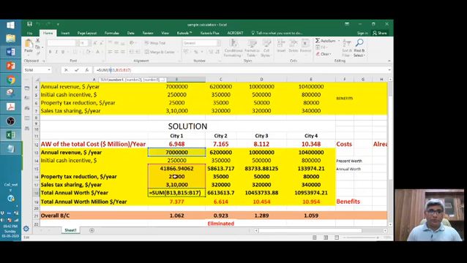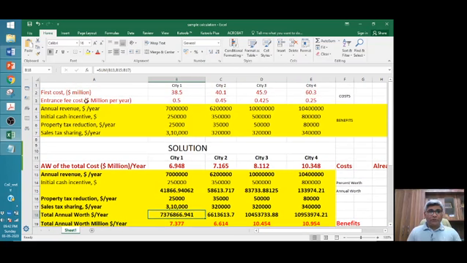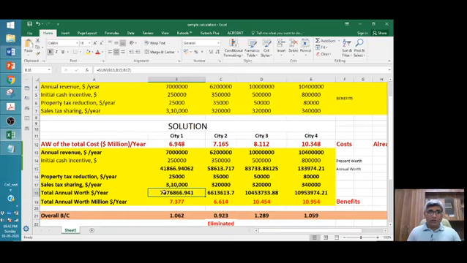If we add all these four things together, this will be the total annual benefit. Since we have expressed it in millions of dollars, this comes out to be 7.37. Similarly for city 2, city 3 and city 4.